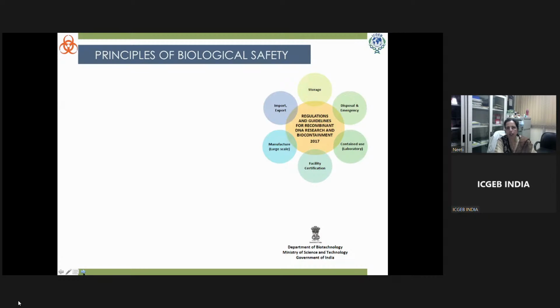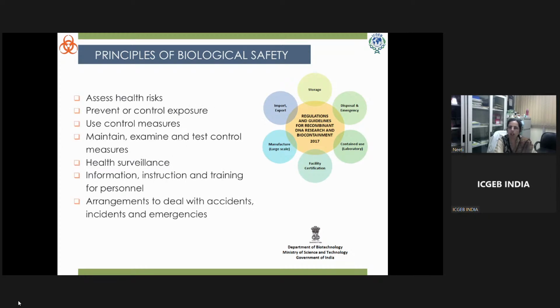For all the Indian labs, we have a set of guidelines which have been published by the RCGM through the Department of Biotechnology, and this is our guidebook that we need to follow as far as the principles of biological safety are concerned. But what we need to understand are the parameters on the basis of which biological safety is assessed.